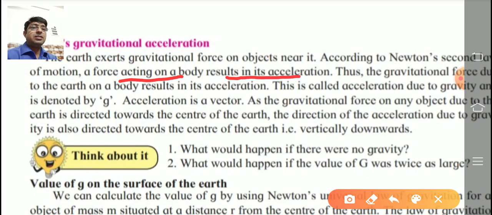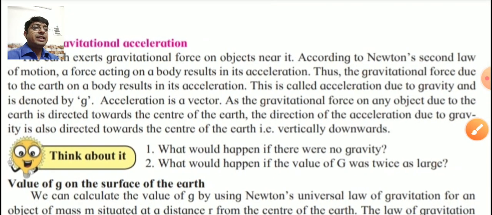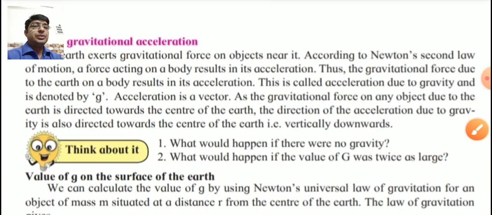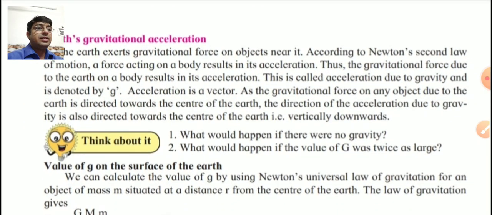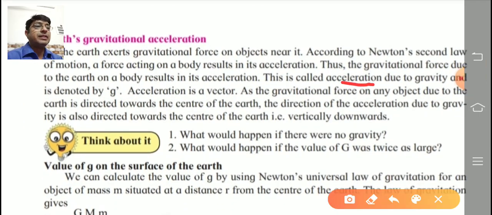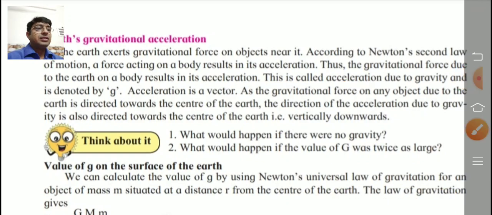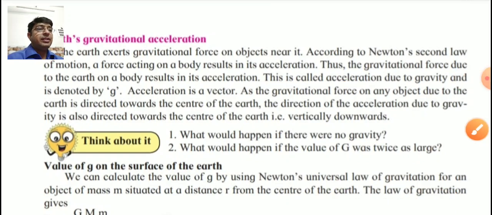This basic concept we already learned in the previous standard. Thus, the gravitational force due to the Earth on a body results in its acceleration. This is called acceleration due to gravity. So the definition is already given here, and it is denoted by g.